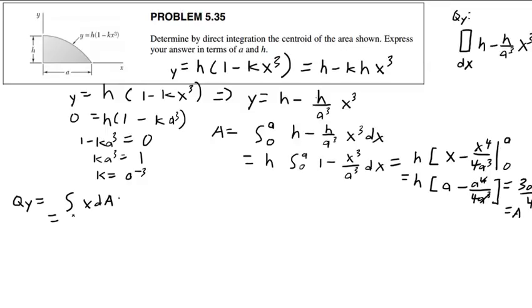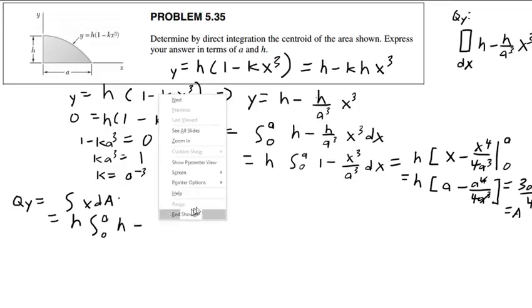So then I'm going to pull out the h again, the integral from 0 to a of, no, I'm not going to have the h in there, sorry.